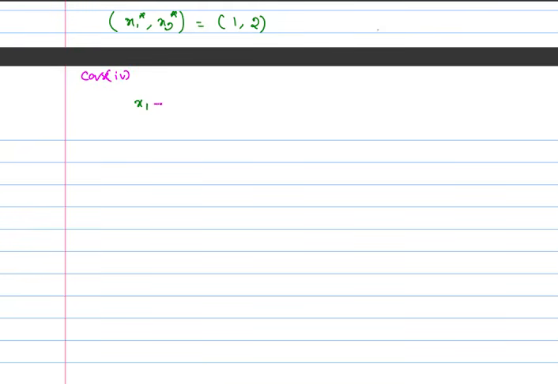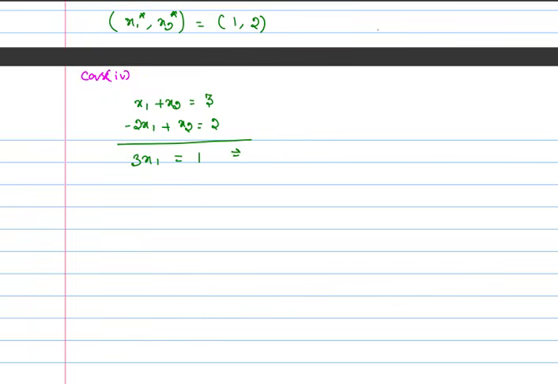x1 plus x2 equal to 3, minus 2x1 plus x2 equal to 2. If I subtract these two equations, 3x1 equal to 1.